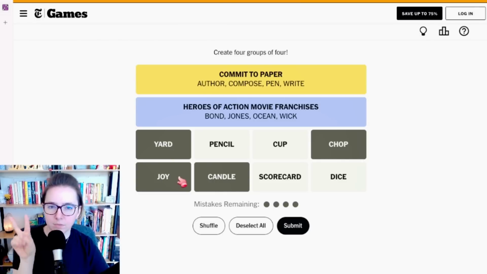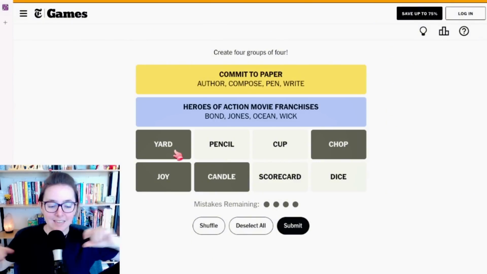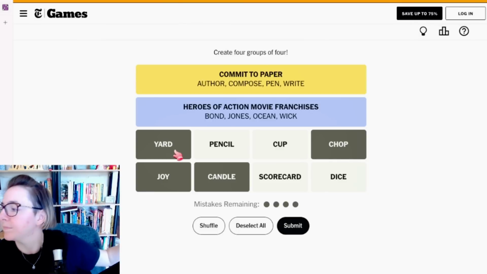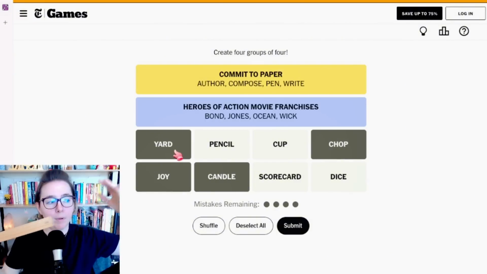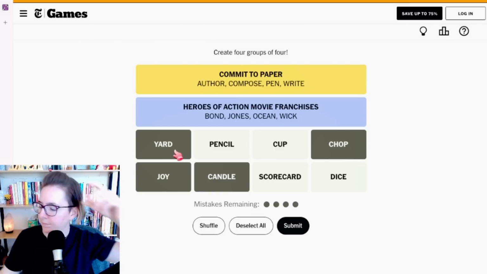Yardstick, joystick, candlestick, and chopstick. So a yardstick, we use yard also as a measurement in America, and a yardstick is a wooden piece like a ruler, but for a yard, which is 3 feet.